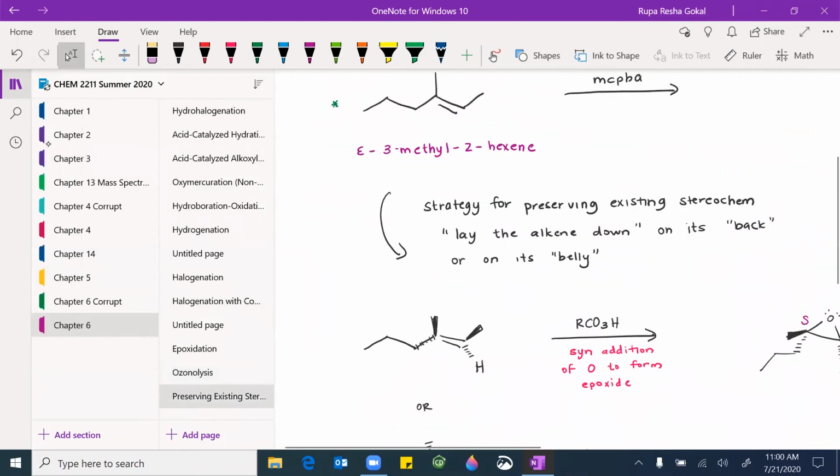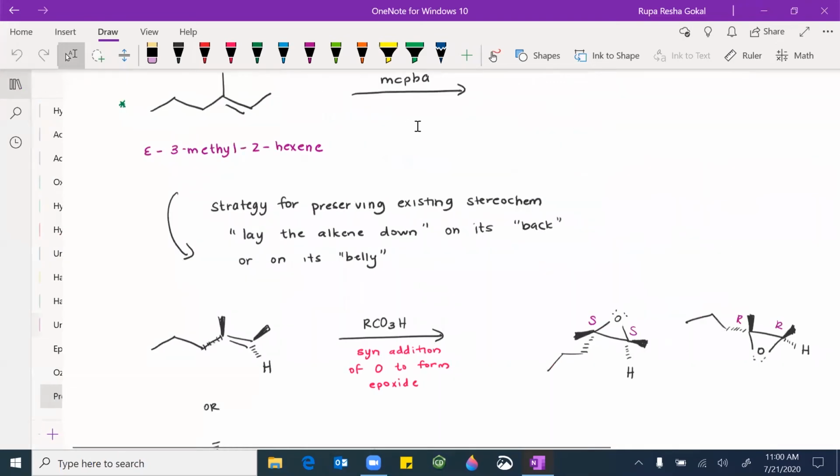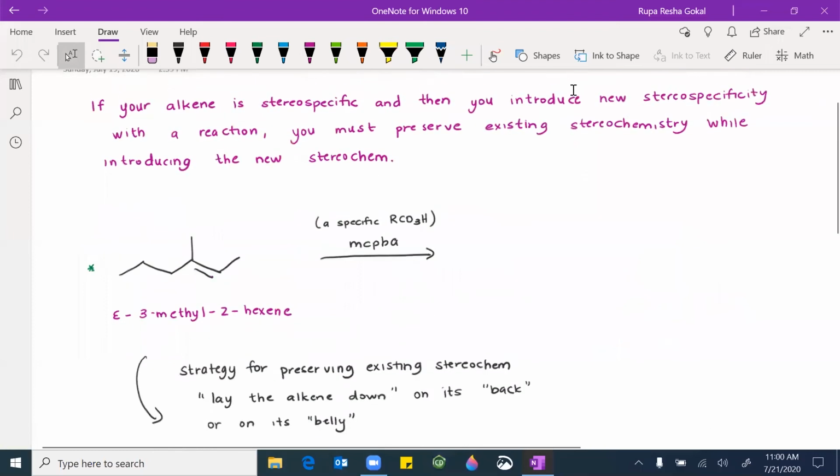All right. Now, I've used a cycle for all of my examples so far because it's the easiest one to show the stereochemistry very clearly. But if you have an alkene that you start with, and it's already stereospecific. So notice what I've drawn here for you is E-3-methyl-2-hexene. There's also Z-3-methyl-2-hexene. Totally different starting material. If I start with this E, then there's a specific orientation of the groups, right?